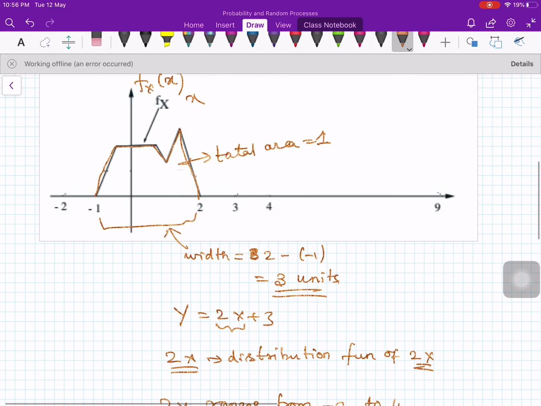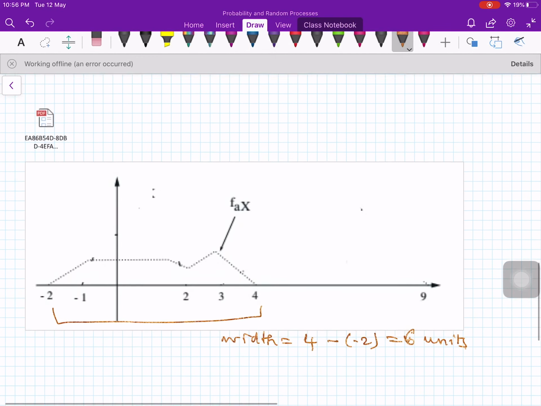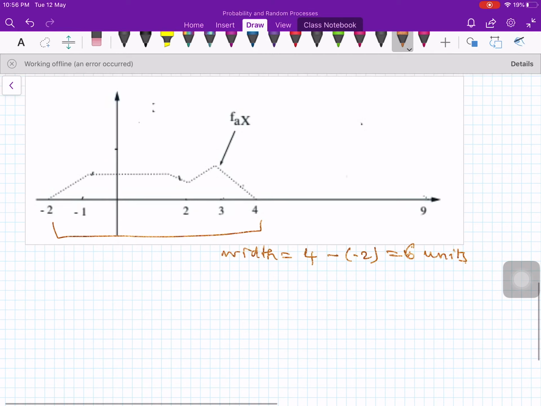See, the shape does not change. The same shape will be there, but you are stretching the probability density function. Shape will be like this, the same function but only stretched out. This is f of ax, that is 2x.